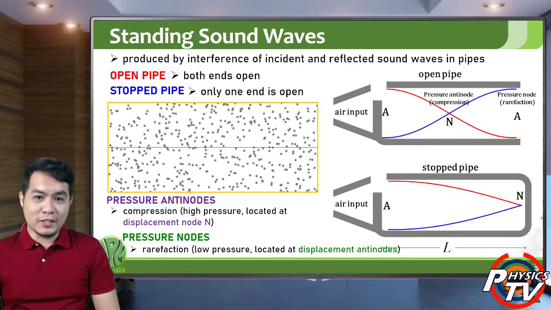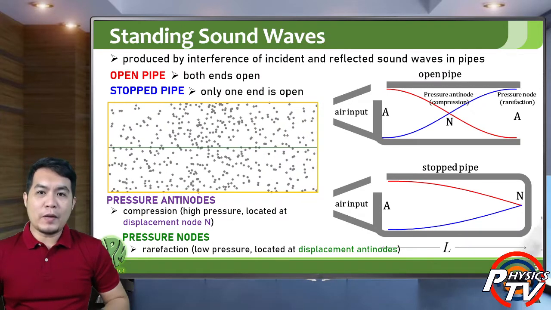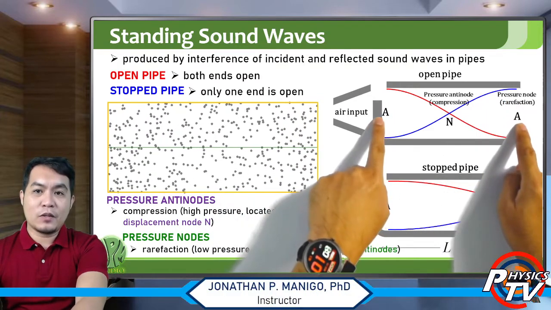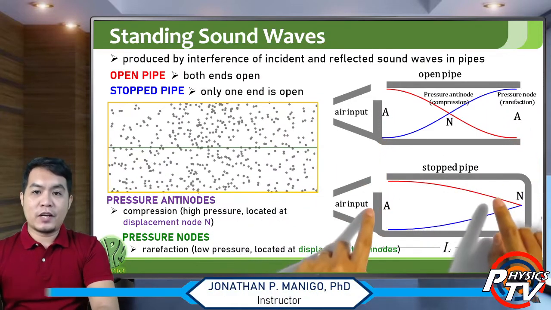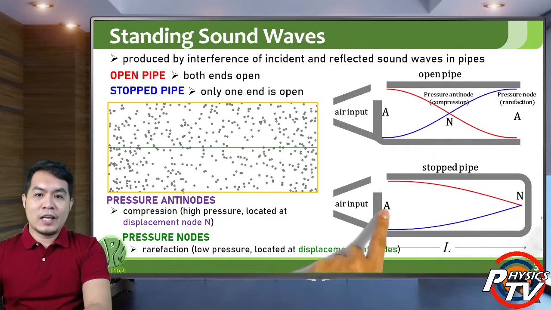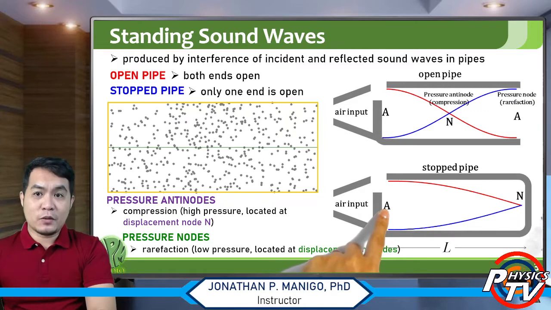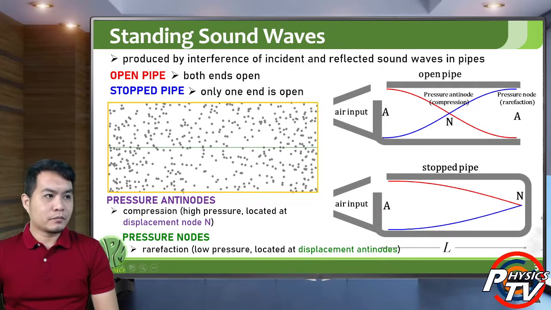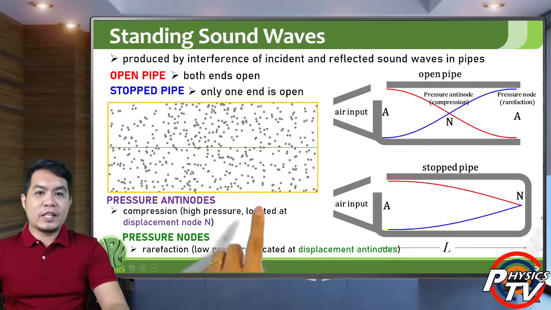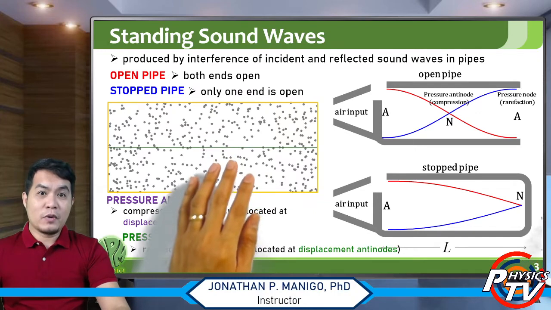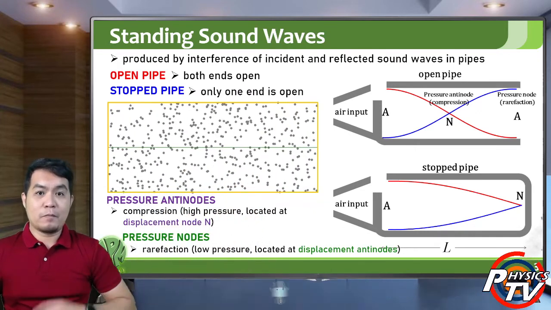So for an open pipe, both ends are displacement antinodes or pressure nodes. And for a stopped pipe, the open end is a displacement antinode or pressure node. Basically, this is what the vibration of molecules looks like when there are standing waves inside a pipe.